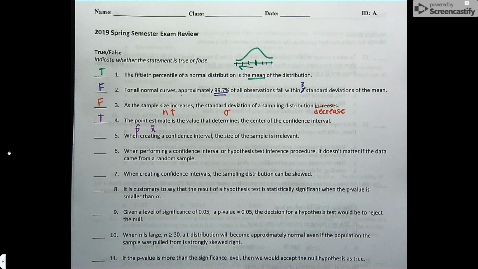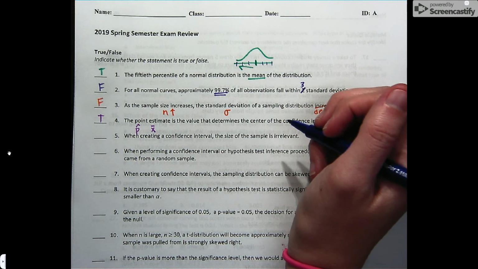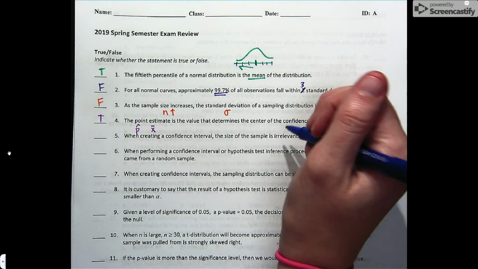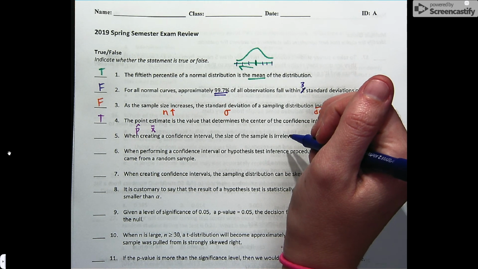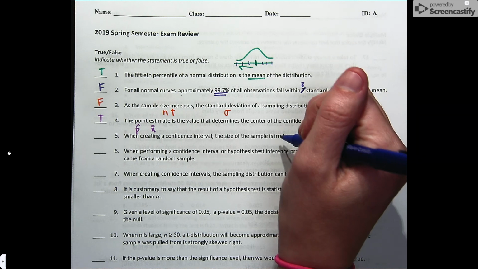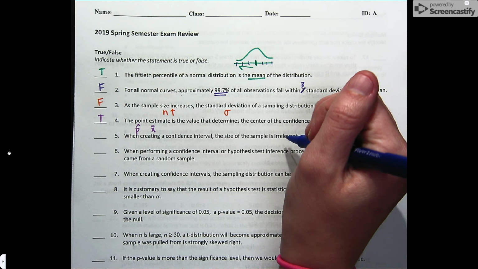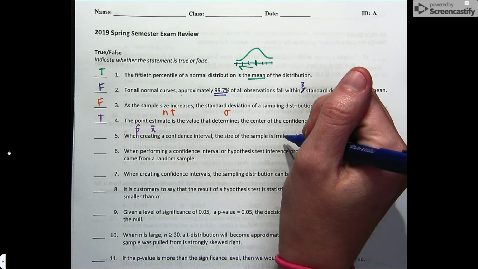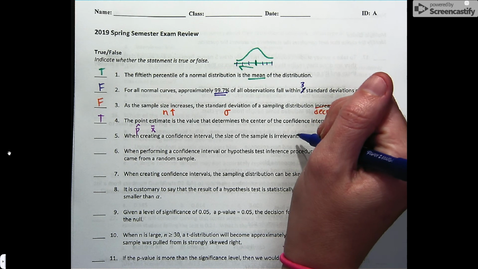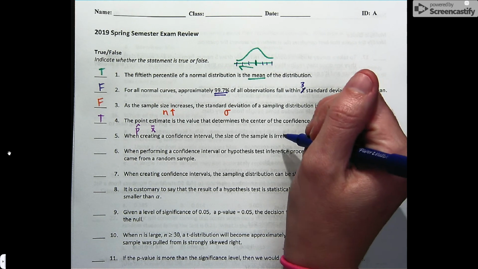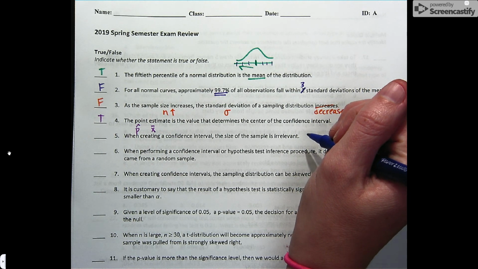Number 5, when creating a confidence interval, the size of the sample is irrelevant. That's definitely not true, right? For both means and proportions, we had to check that our sample size met a certain requirement. For means, we had to be greater than or equal to 30. And for proportions, you had to check that n times p is greater than or equal to 10, and n times 1 minus p is greater than or equal to 10.